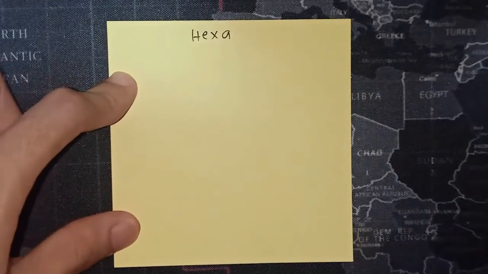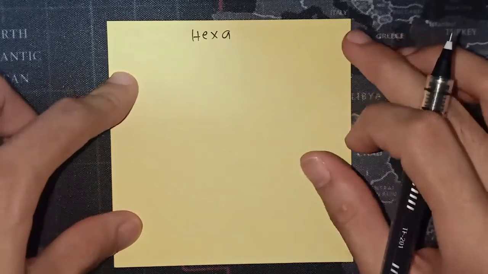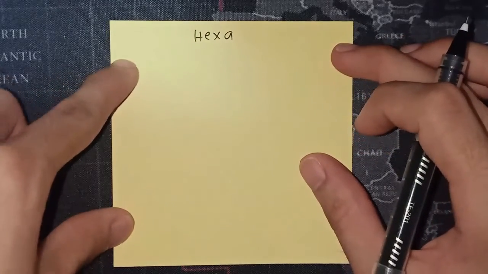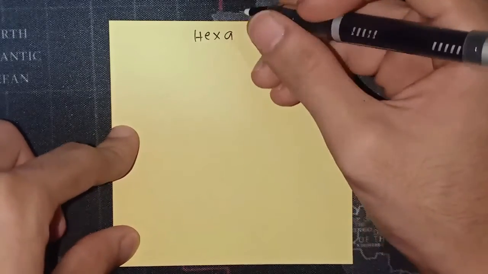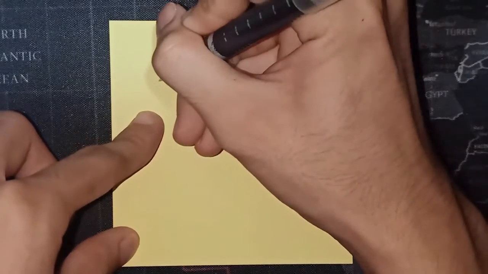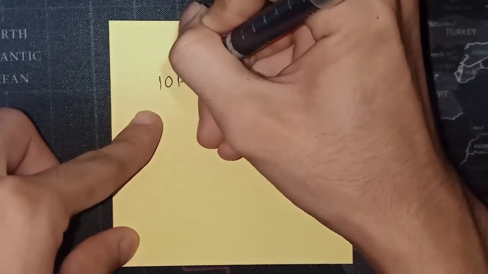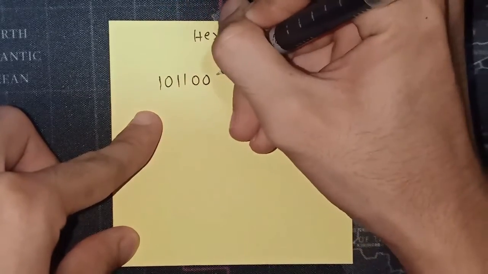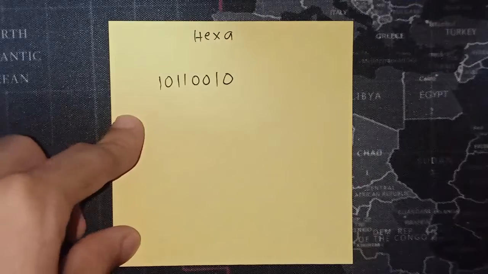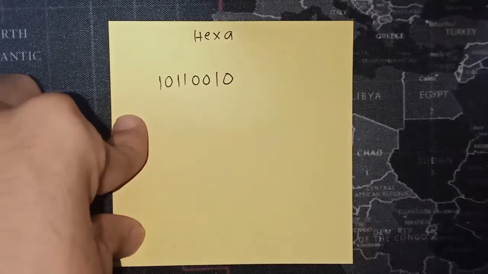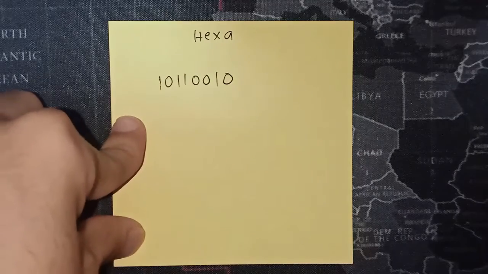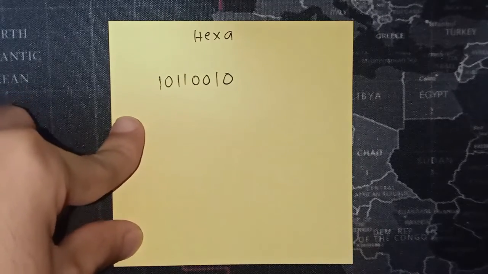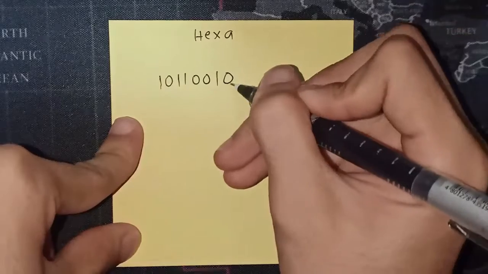In getting the hexa, you're just going to do the same as we did in octa by writing the binary, which is 1 0 1 1 0 0 1 0. The easiest way possible in getting hexa is just by dividing the given binary into 4 from right to left.